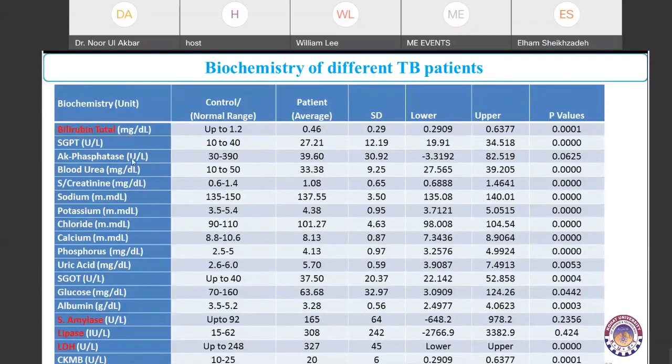And other tests, SGPT, blood urea, etc., were slightly changed in our research. So our research is more focused on total bilirubin, S-amylase, lipase, and LDH, which should be checked for each TB patient before the treatment, after the treatment, and for other mutation and biochemical tests and other complications.